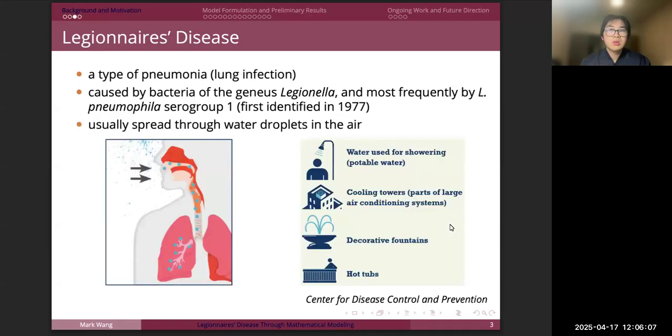The general spread of Legionnaires' is through inhaling water droplets in the air that have the bacteria inside. Some of the most common cases are public sources of water, where a water source is supplying, for example, a hospital or an apartment complex, or generally just potable water, like showering water, sink water, things like that.